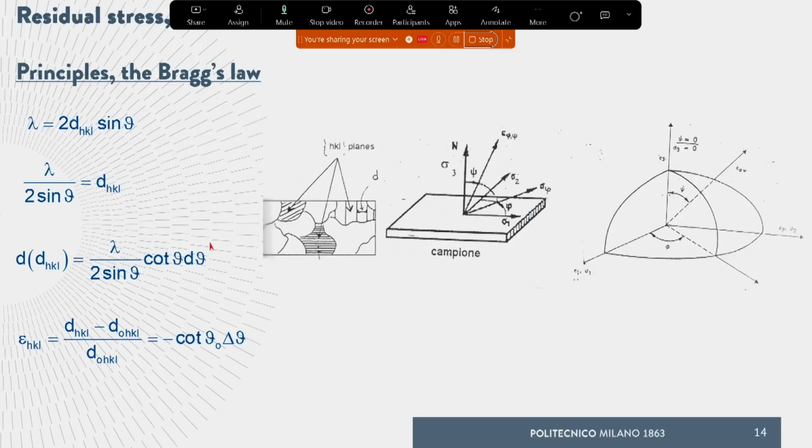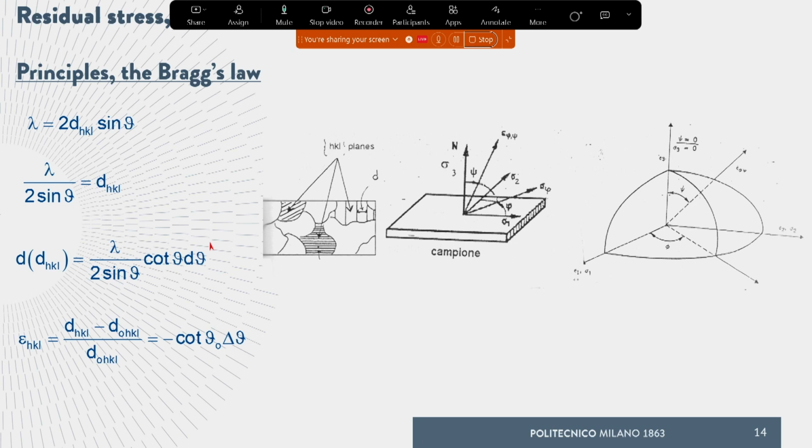So delta d over d0, or d final minus d0 over d0. And so finally we find that epsilon is equal to minus the cotangent theta 0 times delta theta.